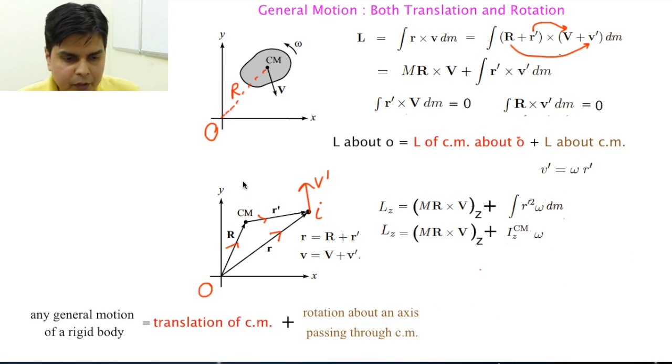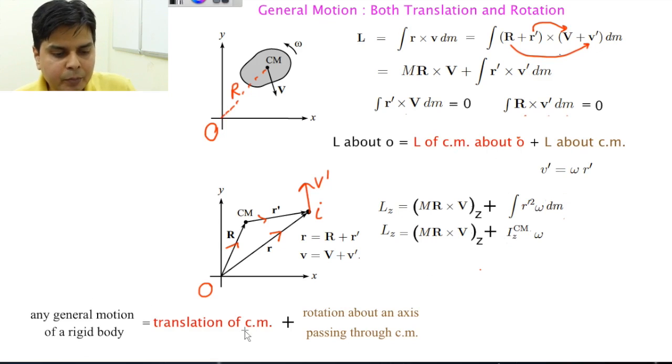So what I can write is that if I have to calculate L about any arbitrary point O, this will become L of center of mass about O, that is this, plus L about center of mass. Remember, in the very first part of the lecture I had explained something called Chasles' theorem. It said that any general motion of a rigid body can be broken into two parts: translation of center of mass plus rotation about an axis passing through center of mass.